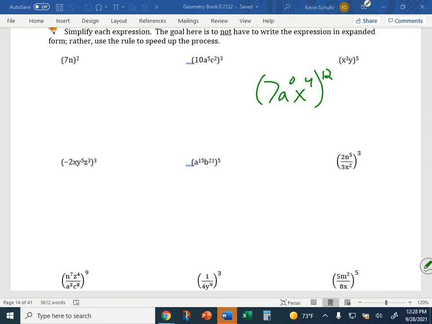When you distribute that 12 in, it goes to the 7, so you get 7 to the 12th. And then our rule for distributing is powers are multiplied. What's 0 times 12? 0. So you still end up with a to the 0, which is equal to 1, so it doesn't really matter. Even following this rule, it still all fits together, still all works.